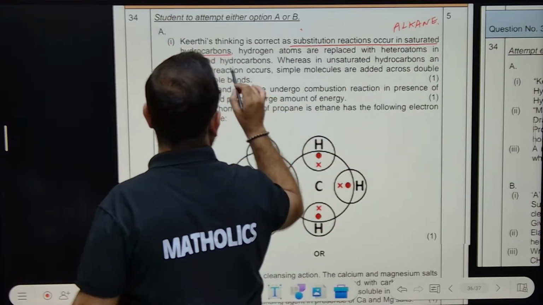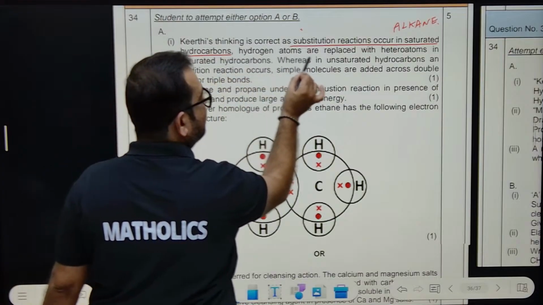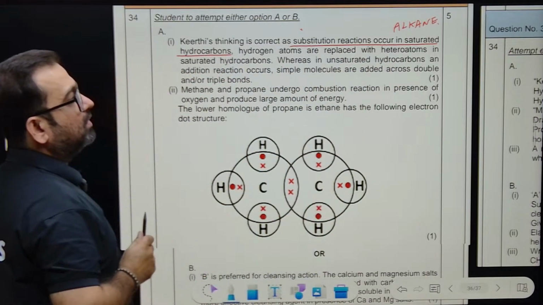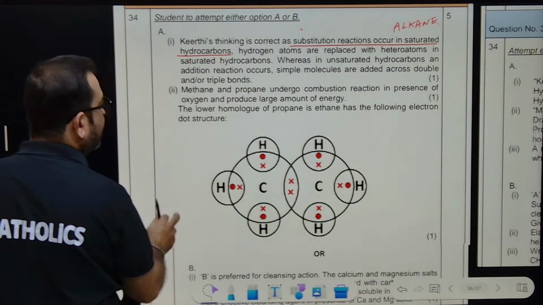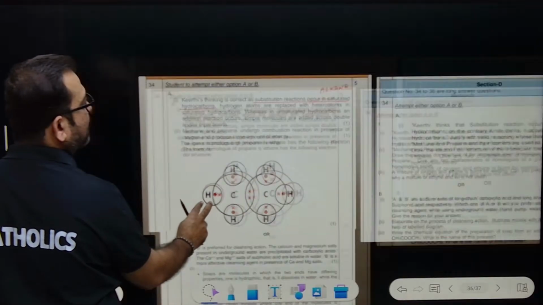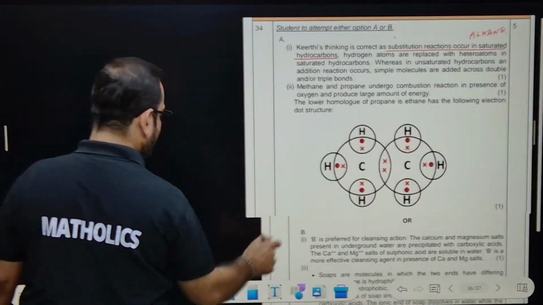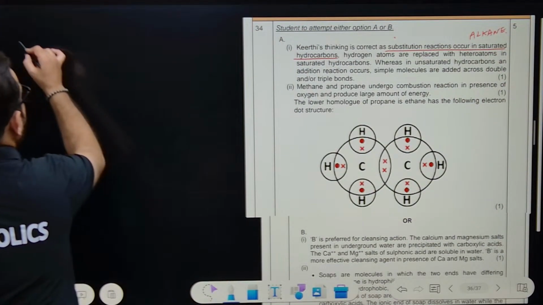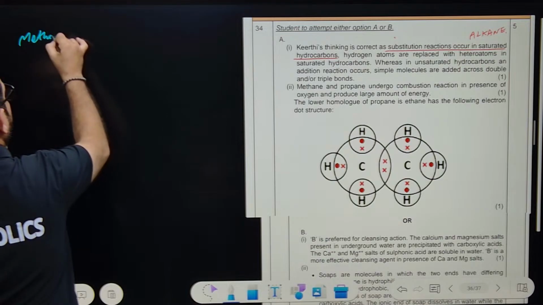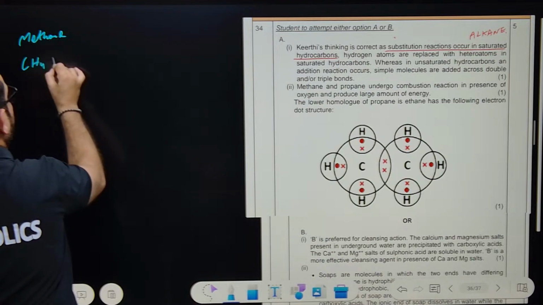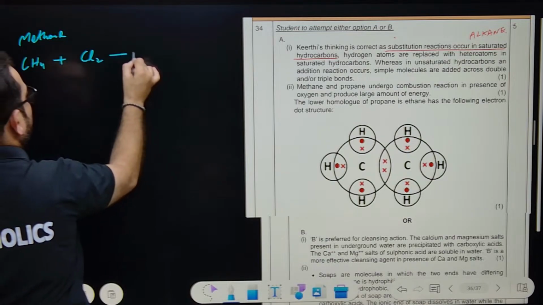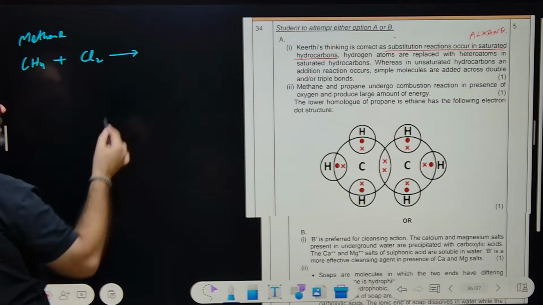So they are saying that hydrogen atoms are replaced with heteroatoms. What does it mean? Say, if there is a hydrocarbon, say methane. Methane formula is CH4, right? When it is attacked with chlorine molecule, there are different kinds of products formed.